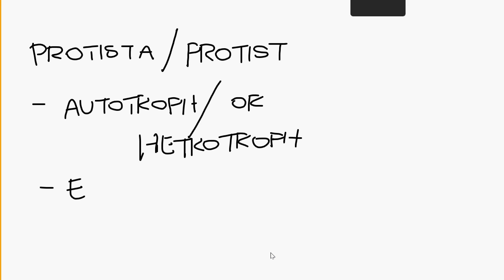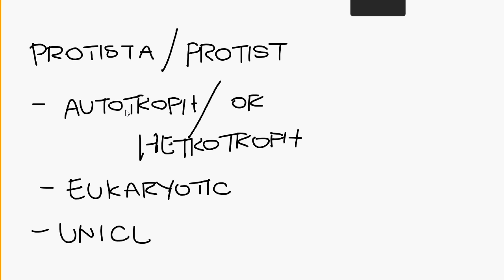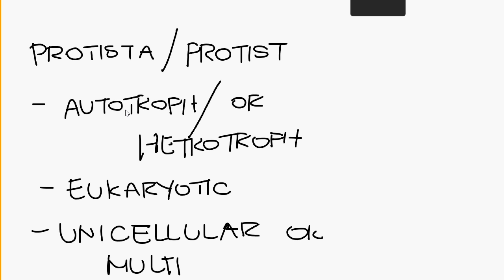They are eukaryotic cells or organisms with eukaryotic cells. They can be unicellular or multicellular. So any eukaryotic system that cannot be classified as a fungus, plant, or animal would fall in the Protista kingdom.